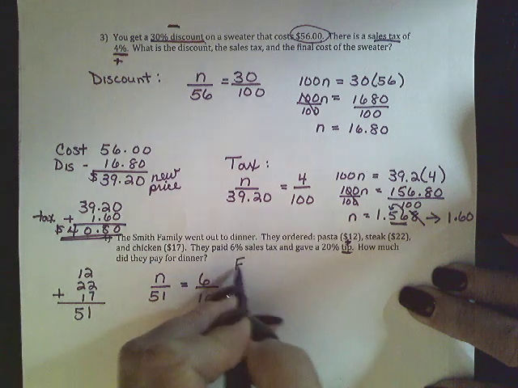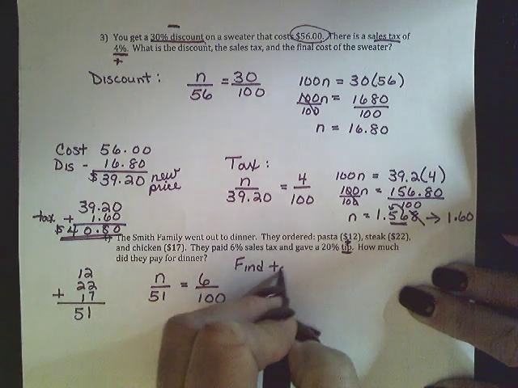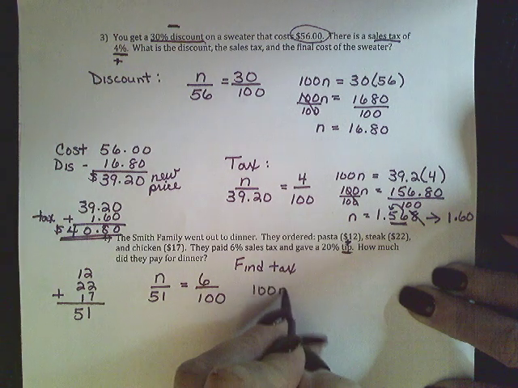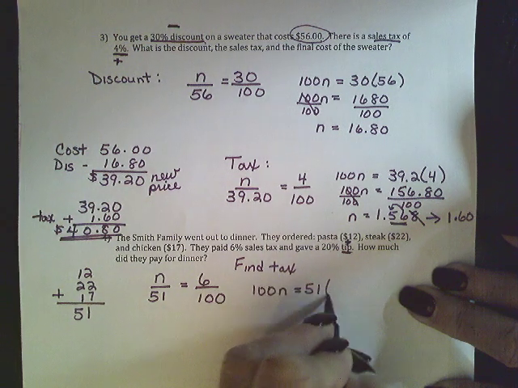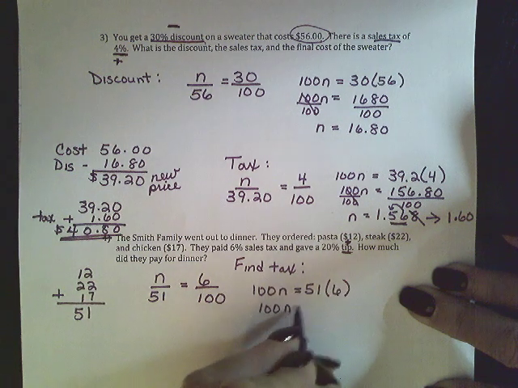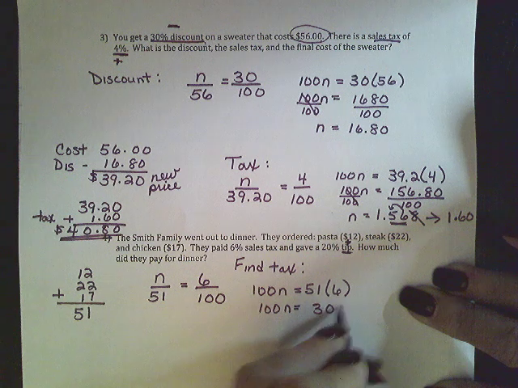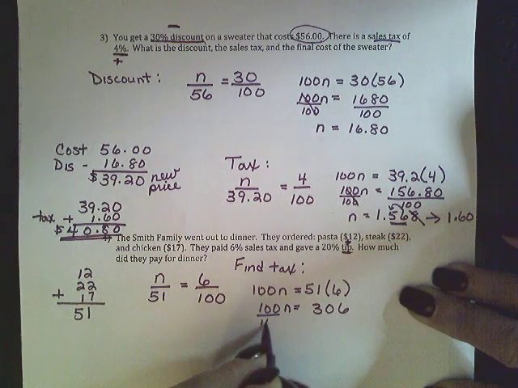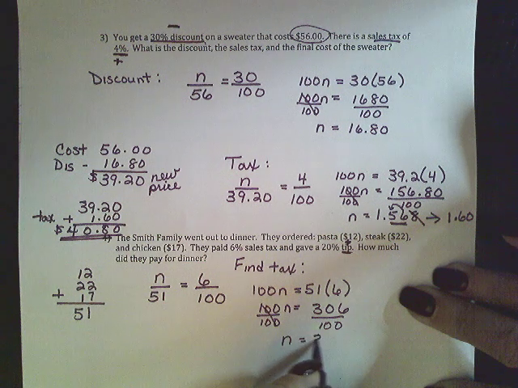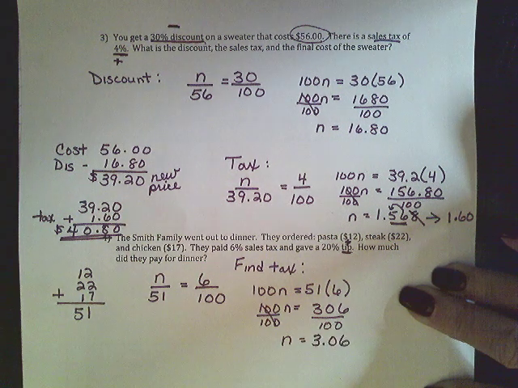So we are going to find the tax. That's going to be 100N equals 51 times 6. 100N equals 306. When I divide by 100, I'm going to get N is equal to $3.06.